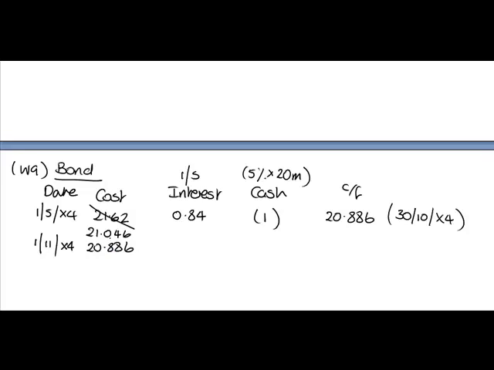We then work out interest on that at 4%. Again, that's another 0.84. Take away the cash of 1. So that gives us a figure of 20.726 at the end of the year.